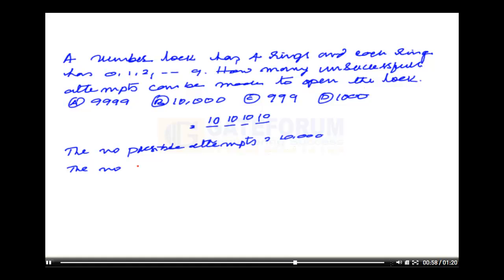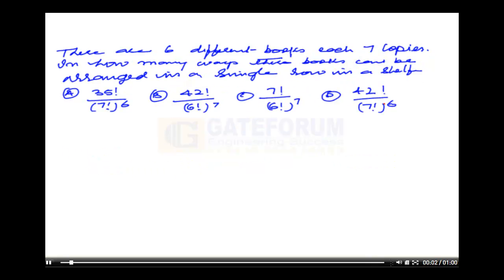So hence the number of unsuccessful attempts would be equivalent to 10,000 minus 1, that is 9,999. That is answer A.